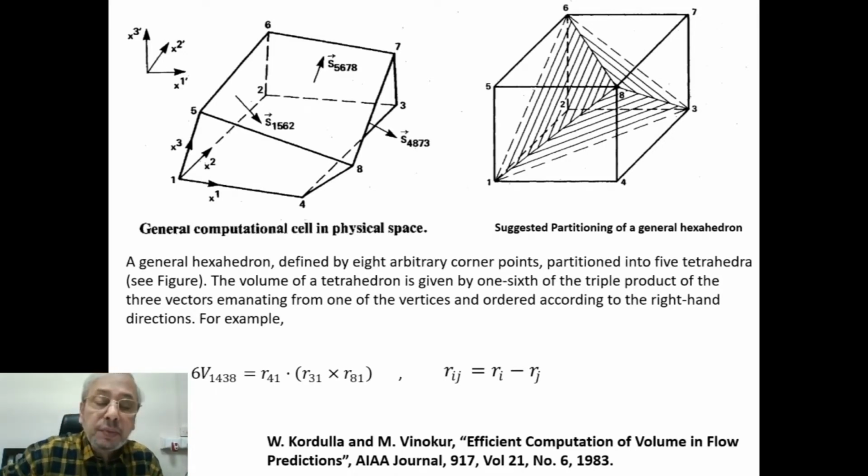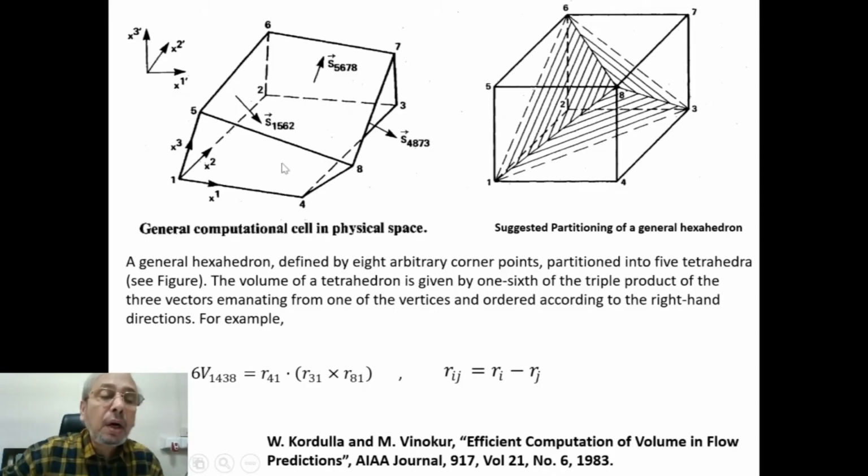This is a very important aspect, and this topic was discussed in detail in a very well-known, referred paper of Cordula and Vinokur, which was published in the AIAA Journal in 1983.